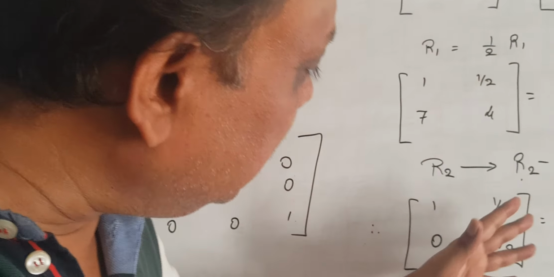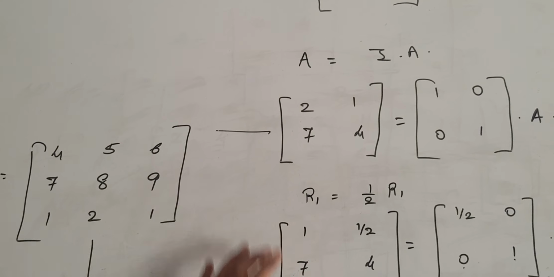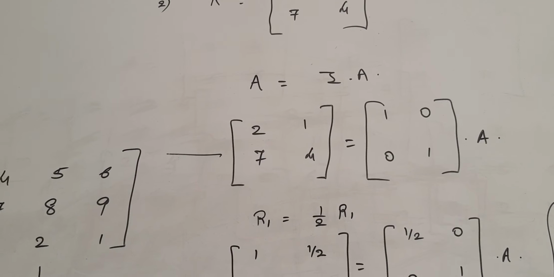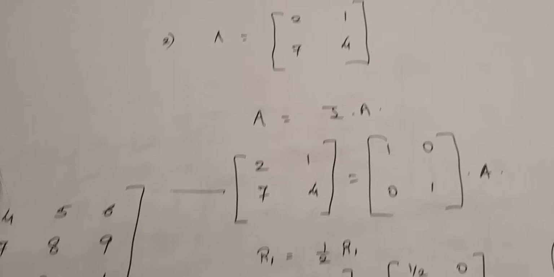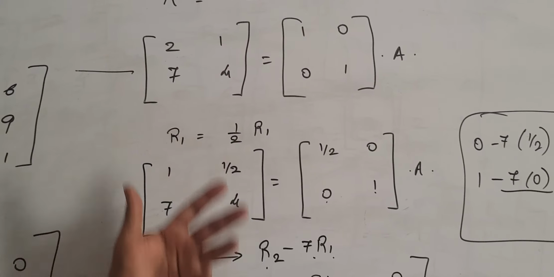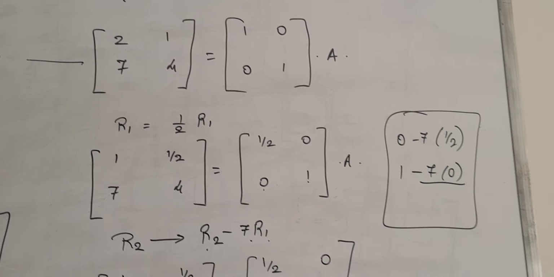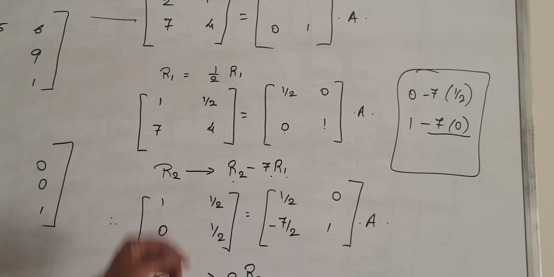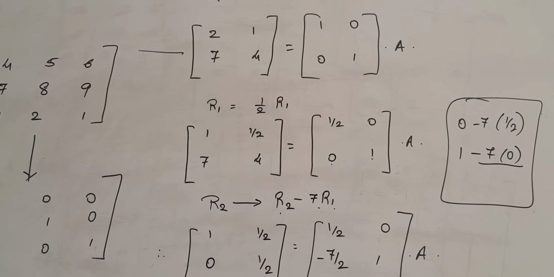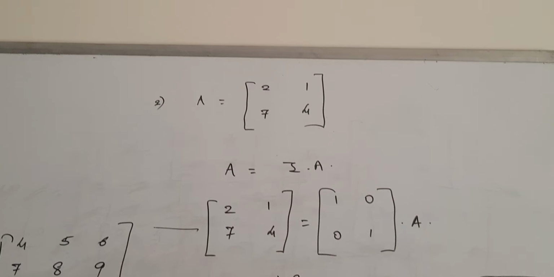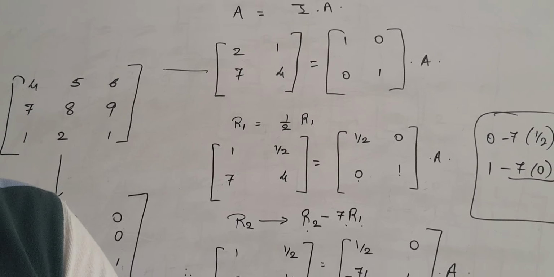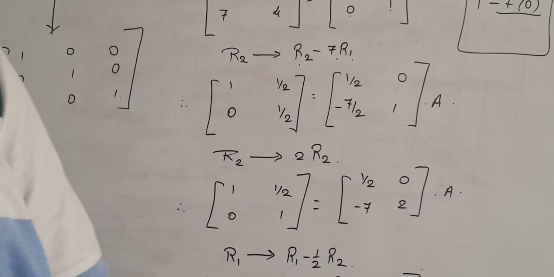If by doing this calculation for finding the inverse, when we apply these elementary operations, the elements of any row or column of the matrix A become 0, every element becomes 0, then the inverse of that matrix does not exist. In that case we say that the inverse of the matrix does not exist.